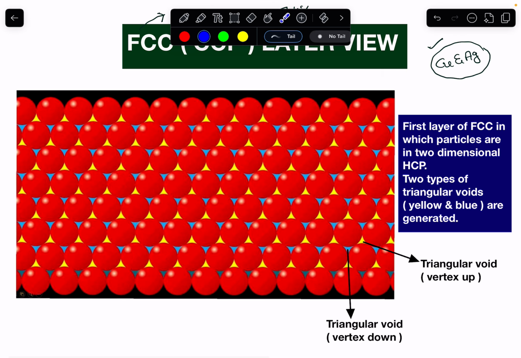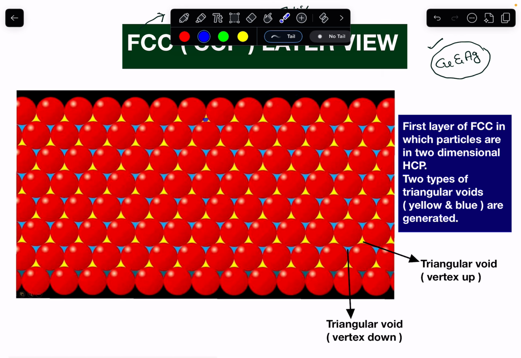You can see between the particles there is an empty space, and that empty space is in triangle shape. Therefore these voids are triangular voids, and of course these triangular voids are two-dimensional voids. So the particles and the voids are in the same plane. Therefore this triangular void is a two-dimensional void.